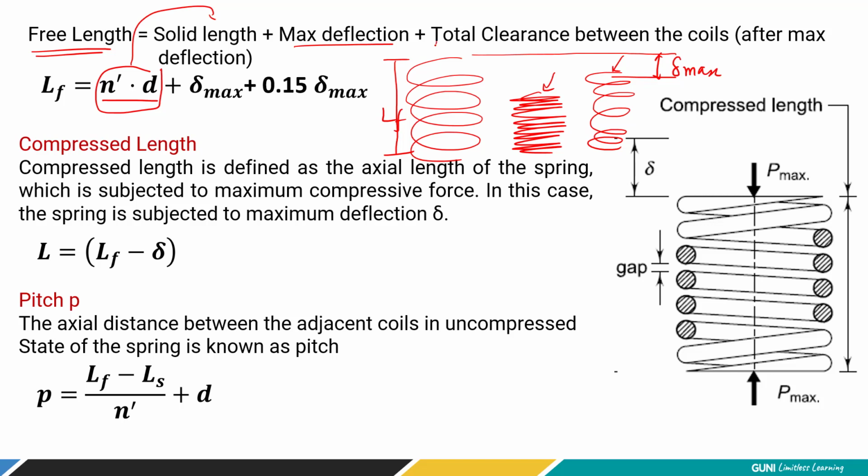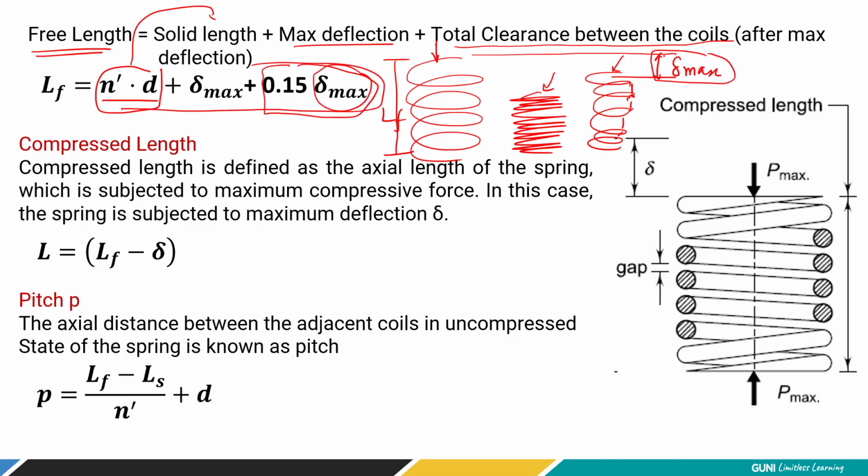That means once you apply the maximum load that you can apply, the spring is going to deflect. That linear movement is called deflection, right? Plus the total clearance between the coils, even though there are going to be some clearance between the coils, right? That is taken as 0.15, or 15%, times the maximum deflection.